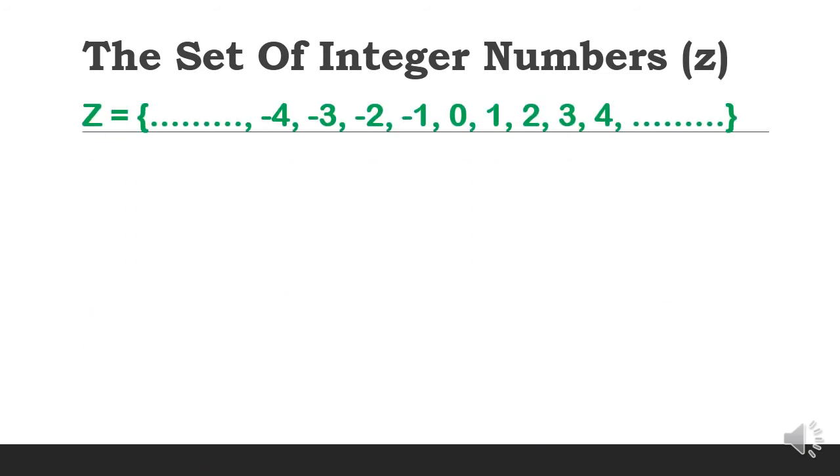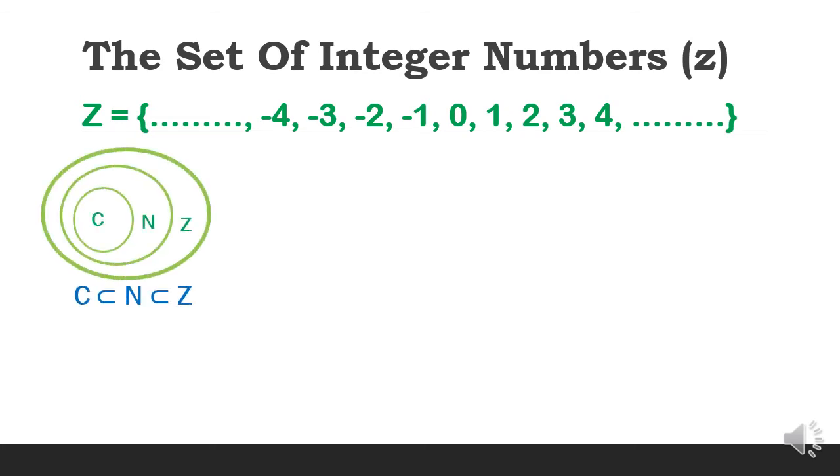The set of integer numbers Z: negative numbers and natural numbers. Negative numbers start with -1, -2, -3, and so on, and the natural numbers 0, 1, 2, 3, 4, and so on.